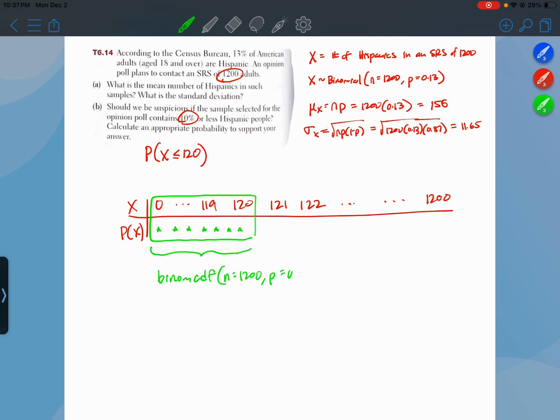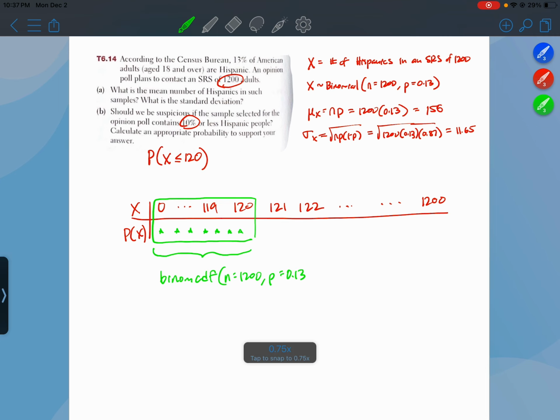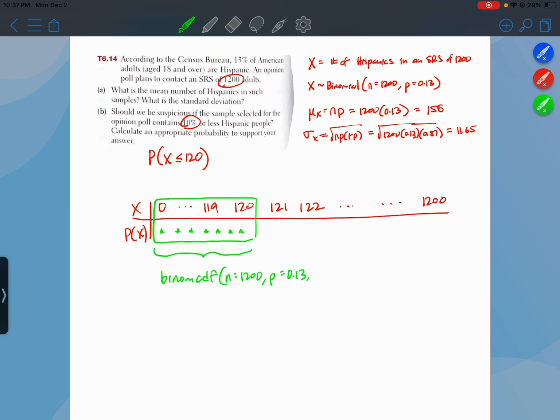Probability of success, 13%. And our boundary value is at most 120, because remember, that's 10% of our sample. Let's type this in: 1,200, 13%, 120.